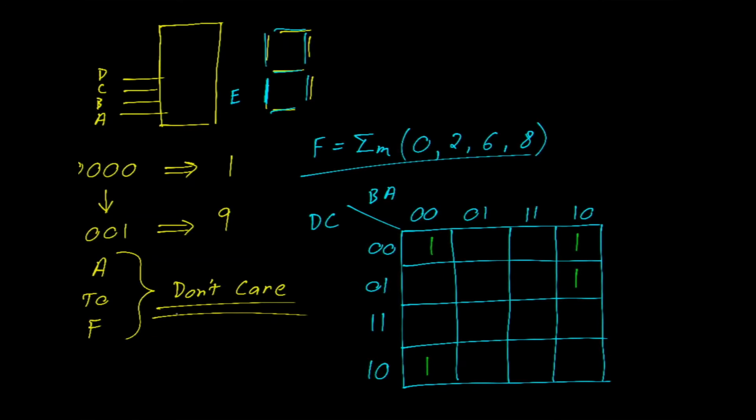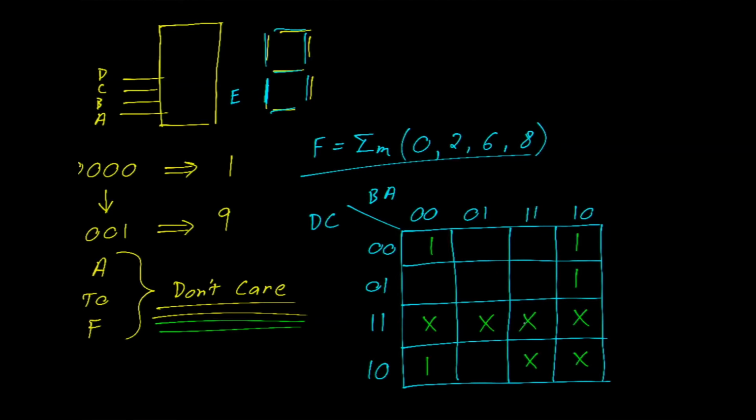But remember, we don't care about A through F. So what we're going to do is put X's on those particular terms. Here's minterm 10 and 11, 12, which is 8 plus 4, 13, 14, and finally 15.